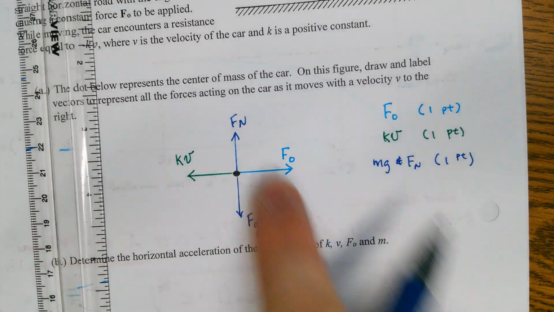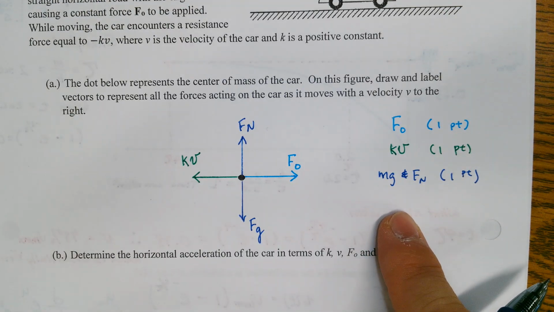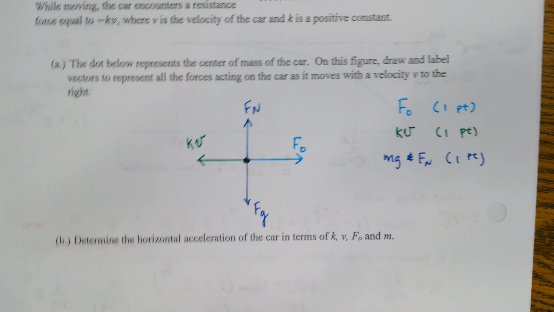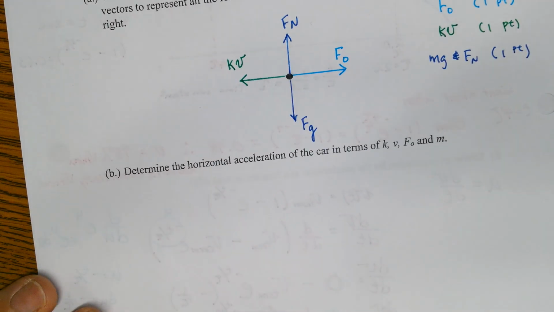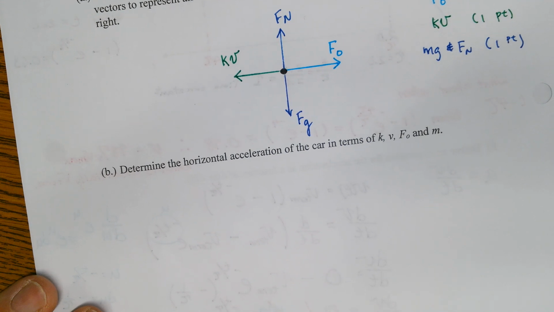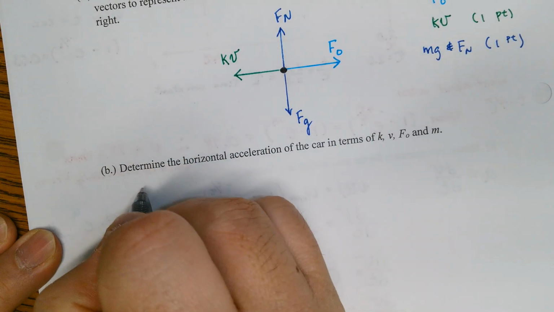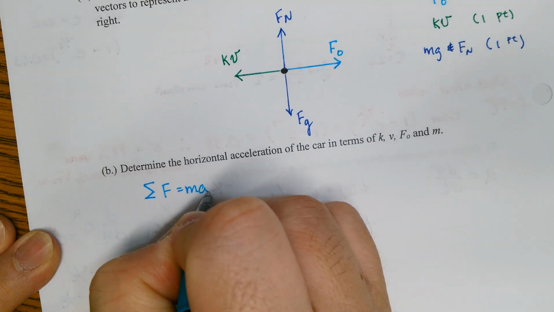So if you forgot the vertical forces, you're not going to get completely destroyed with points taken away, right? All right. Now let's determine the horizontal acceleration of the car in terms of k, v, F naught, and m. So we start out with the sum of all forces equal to ma again, right?